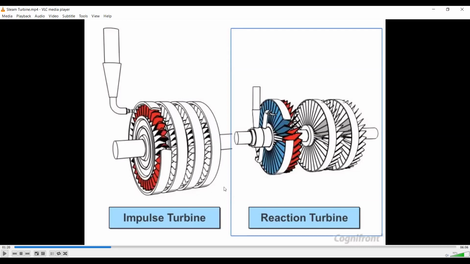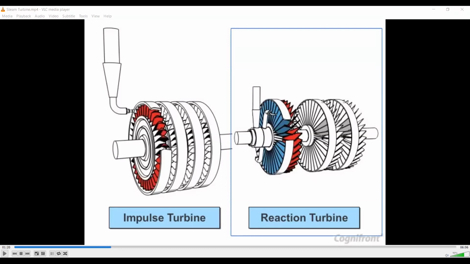But in case of the reaction turbine, there are two types of blades. See here, there are two different colors of blades, one blue and the other red. Also here the nozzle pipe is attached to the shaft.